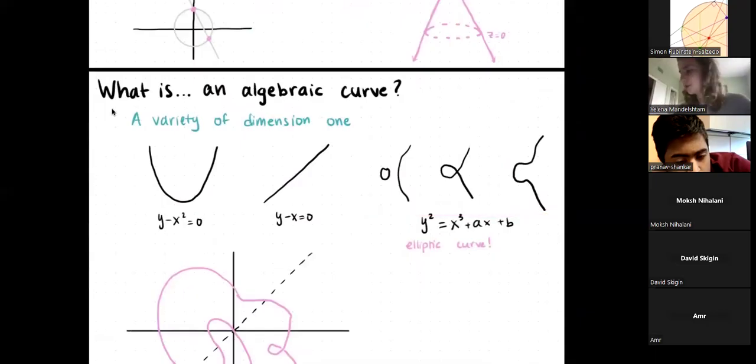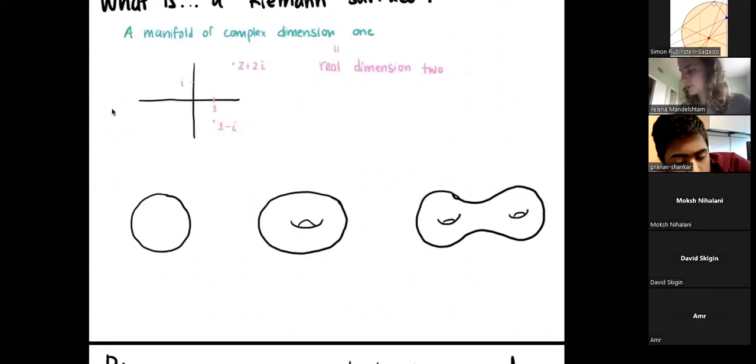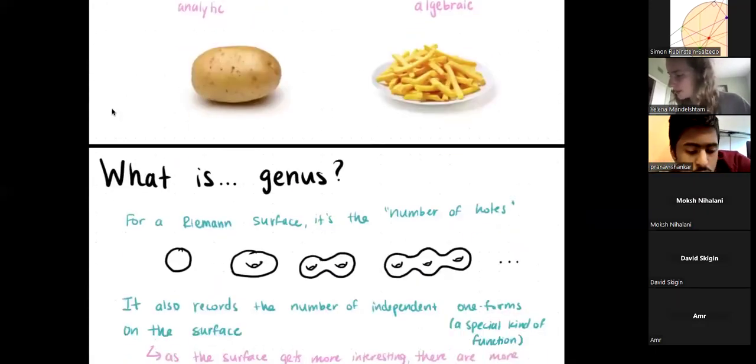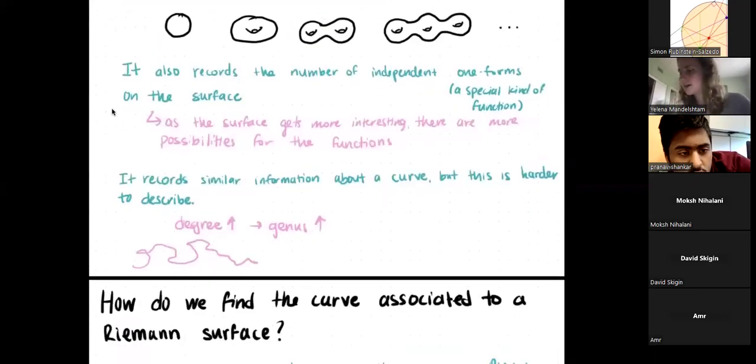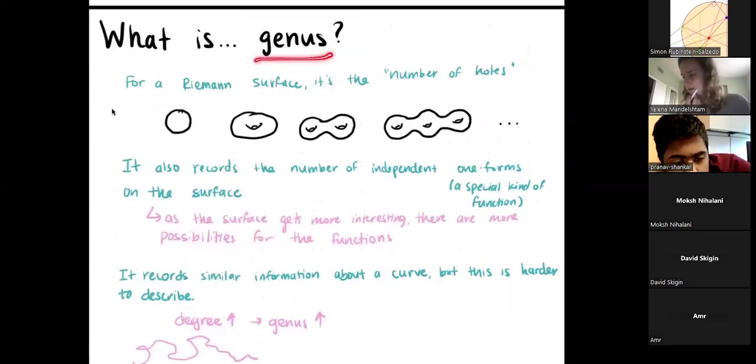These are curves of genus 1, and rational points on elliptic curves are very much of interest to people. So genus is an important metric that connects Riemann surfaces and algebraic curves.